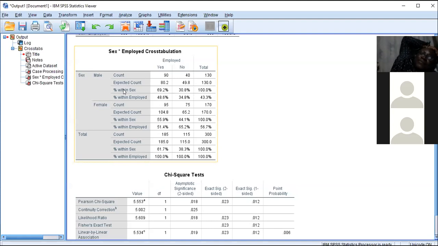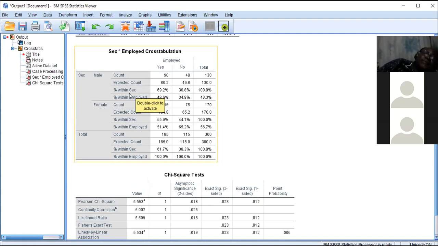Can you see now, you start with the exposure, because with within sex, among the different categories of the exposure, what is the proportion that have the outcome? Is it clear now? If we have put sex as our column, but we put employment as the row, when I was clicking, I said give me row percentage, give me column percentage. So the one that is within, you make it easy, either row or column.